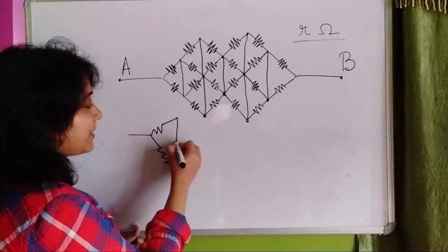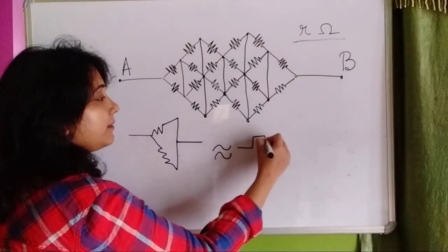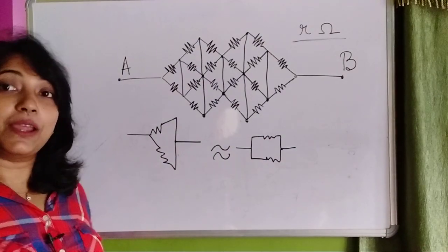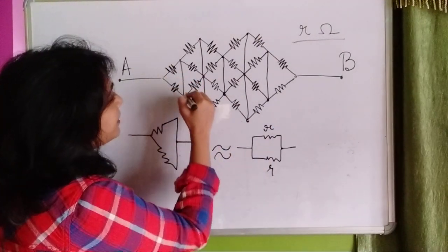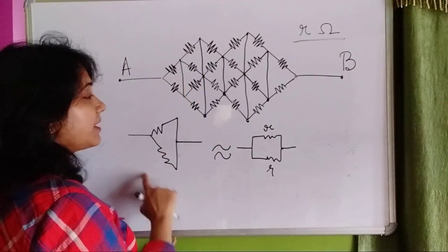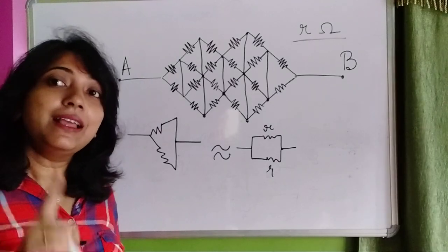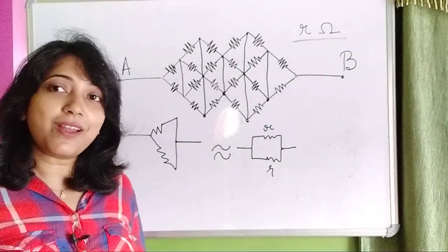So if I draw it like this, is it not equivalent to drawing 2 resistors which are joined in parallel? This is R and this is R. So this small triangular part that you can see over here is equivalent to 2 resistors joined in parallel.